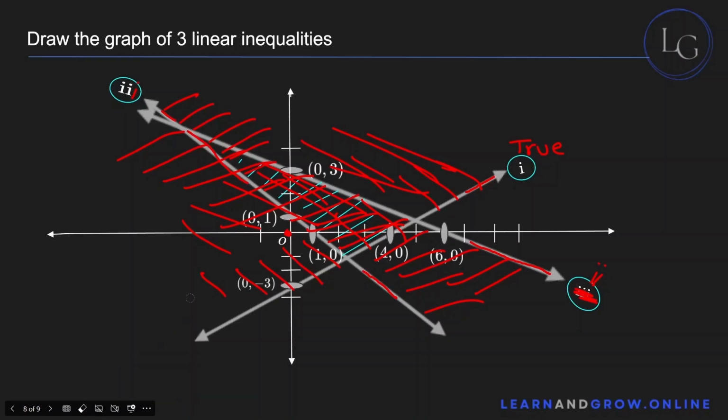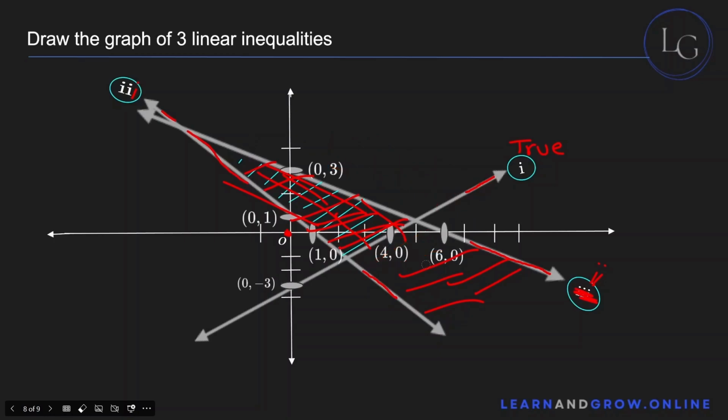We can eliminate some areas, right? So this is not part of the coinciding solution set. This is not part of the coinciding solution set. This is not part of the coinciding solution set, and this is not part of the coinciding solution set, right?